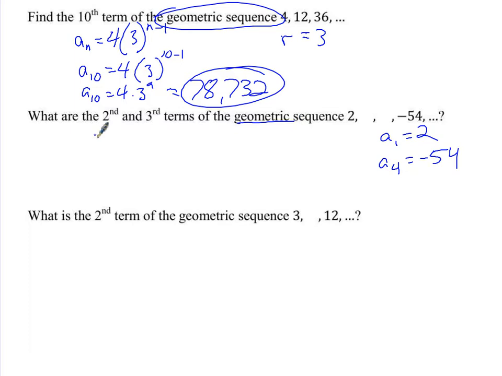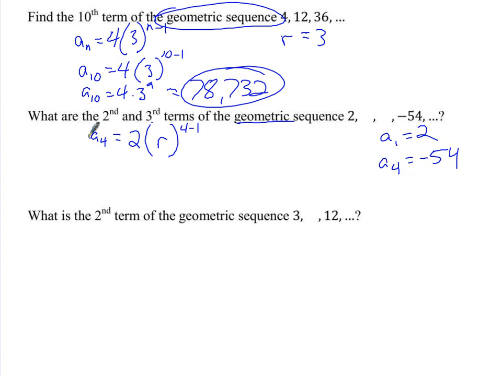So we're going to have a sub 4 equals a sub 1, which is 2, times r. We don't know r, that's what we need to find, to the n minus 1. N is 4 right now. So 4 minus 1.